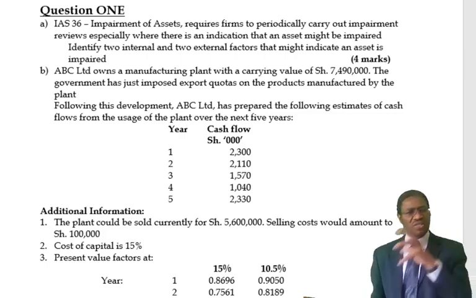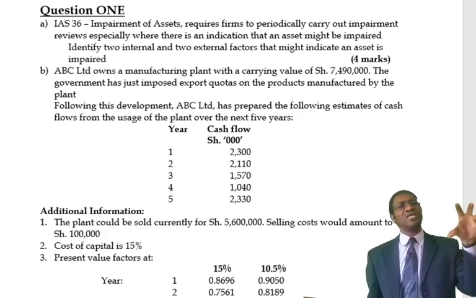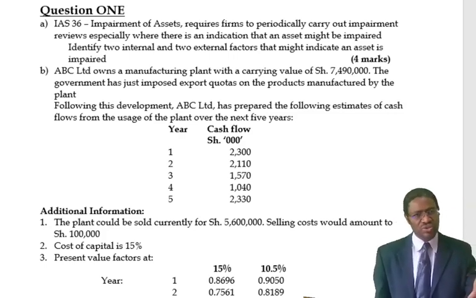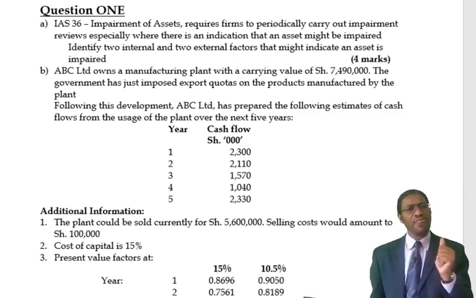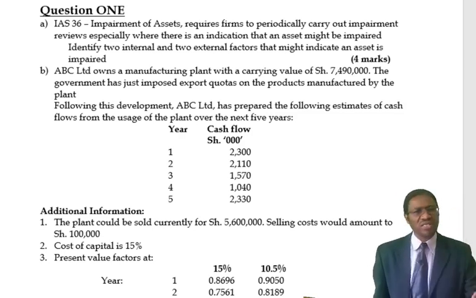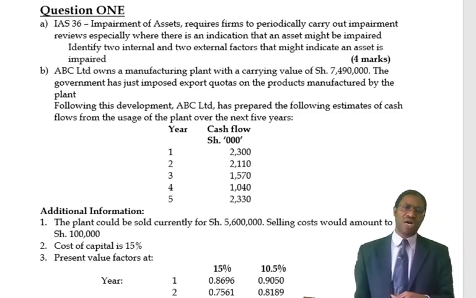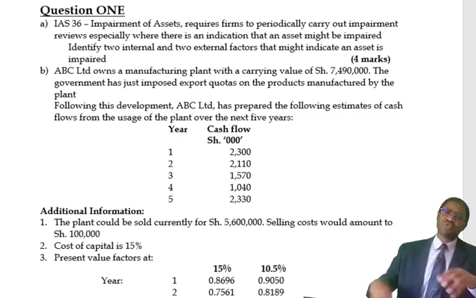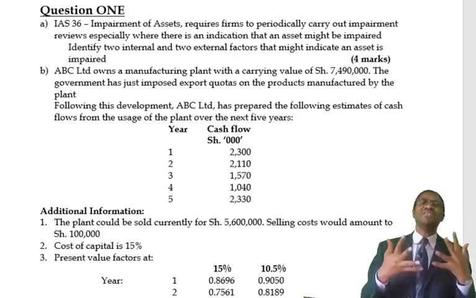The accounting standard classifies those indicators as either being internal sources or external sources. For example, anything that happens within your company and makes you feel that it could affect the value of your assets, that is what they are calling an internal source.